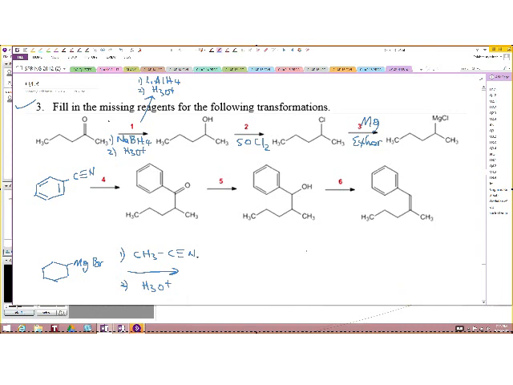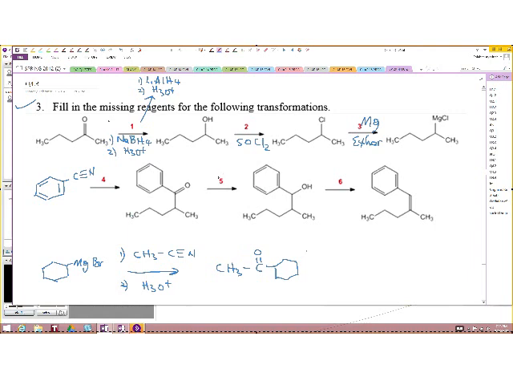This carbon now becomes the carbonyl of a ketone. So keep that in mind. A Grignard will react with a nitrile to give you a ketone. And that's what you get here.